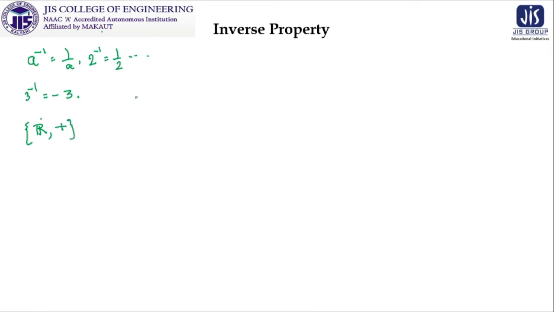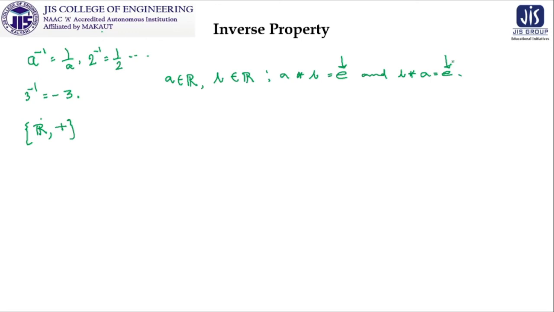Then our requirement is that for A in R, we need a B in R such that A composition B is equal to E and B composition A is equal to E. E is already identified, it is our identity element, and it is obvious that as inverse property depends on the identity element, if the set along with the binary operation does not contain an identity element, then there is no question of having any inverse property or inverse element.